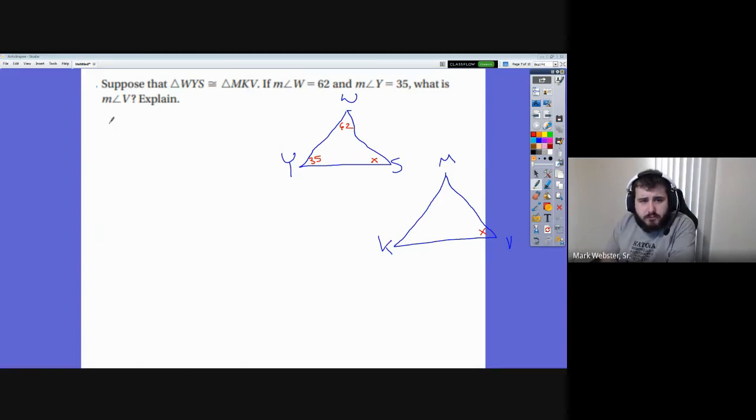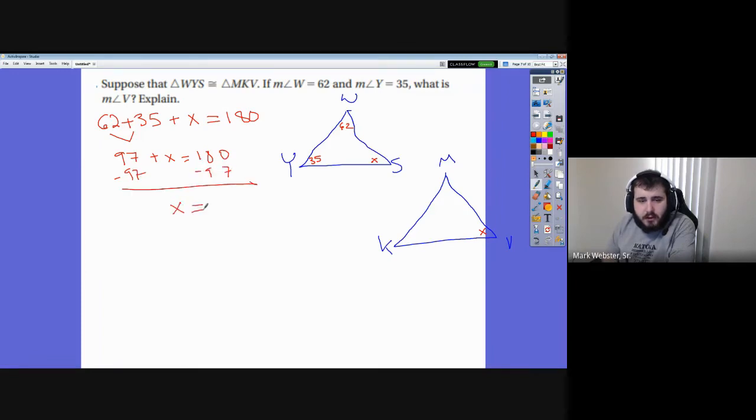So 62 plus 35 plus X, the three angles of a triangle equal 180. So let me combine my like terms. All right, and let me subtract 97. You do that out and you better get 83.